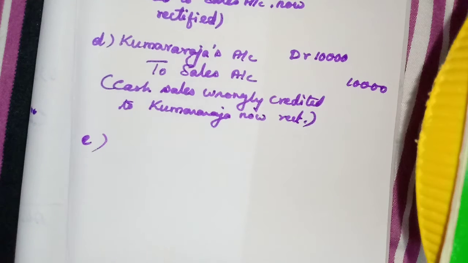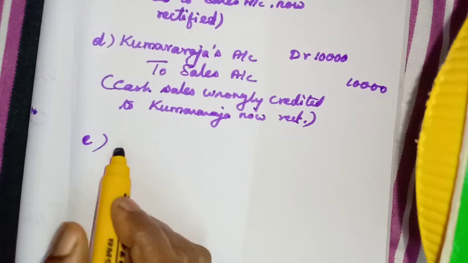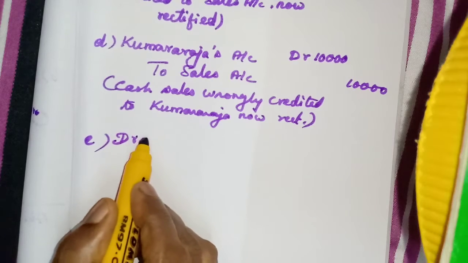Then E. Manimaran account debtor to purchase account. Goods taken by the proprietor, Mr. Manimaran, for his personal use. So what do we have to debit? The drawings account, isn't it?